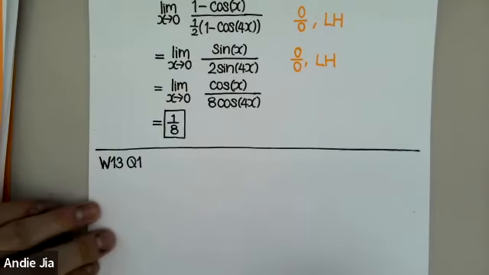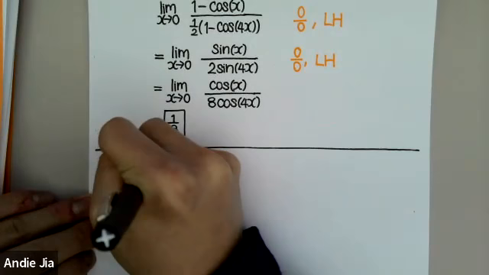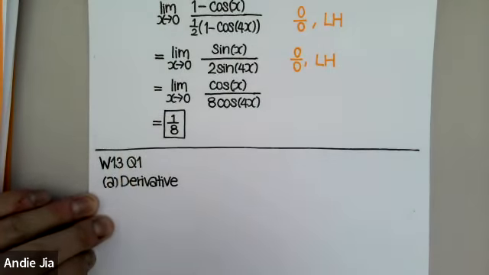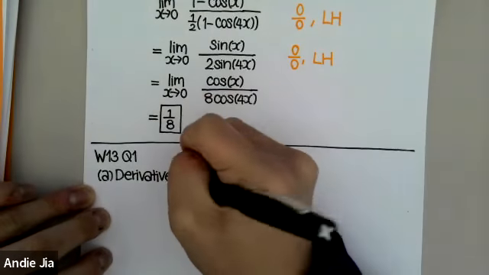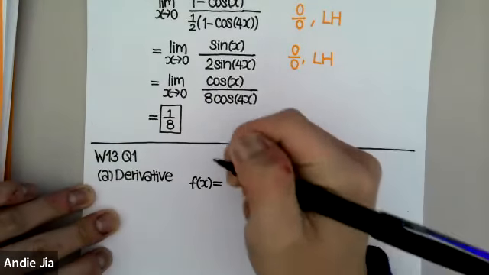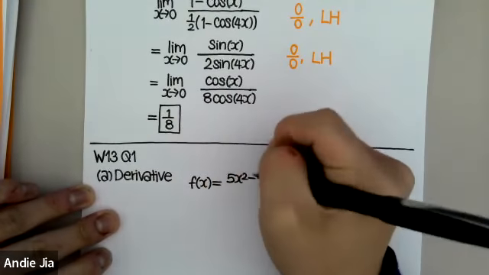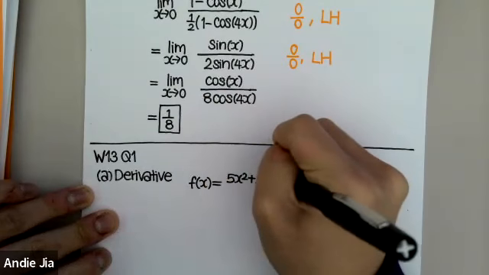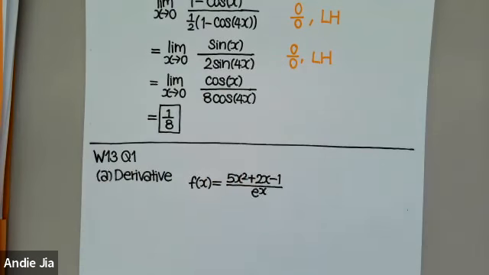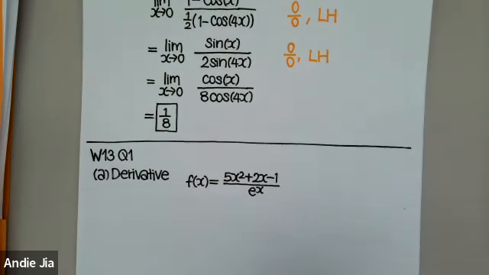Question 1, we have 1a. The derivative we have is f of x, which is 5x squared plus 2x minus 1 over e to the x. Maybe they didn't want us to just use the power rule to rewrite it easily, but it's not possible because of the e to the x.